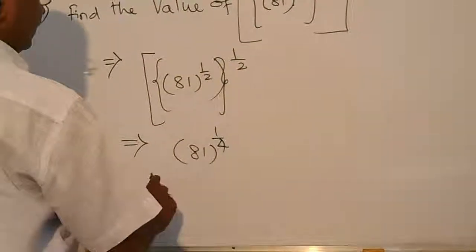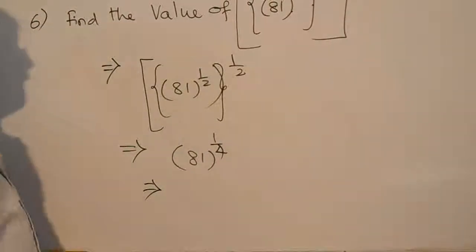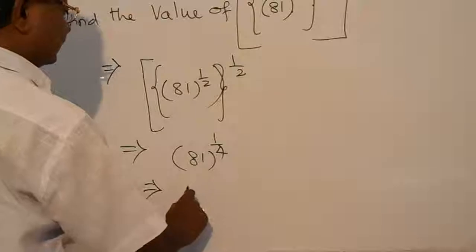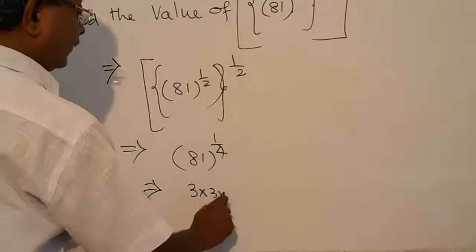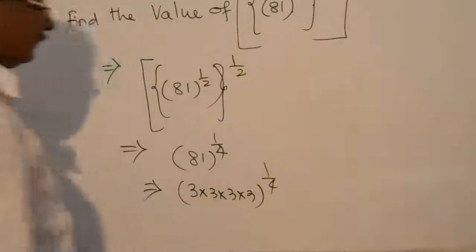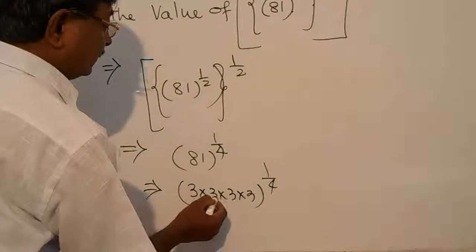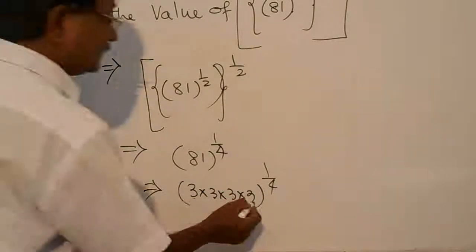Then it can still be simplified, as 81 can be factorized. The factors are 3 into 3 into 3 into 3, to the power 1/4. How is it? 3 3s are 9, 9 3s are 27, 27 3s are 81.